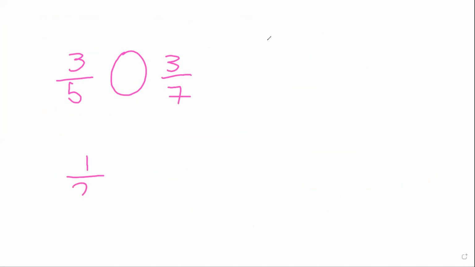Now see here. If you have 3 over 5 and 3 over 7, and 1 over 2 comparing with 4 over 2. For 3 over 5 and 3 over 7, we have the same numerator and different denominators. Which one is the greatest?